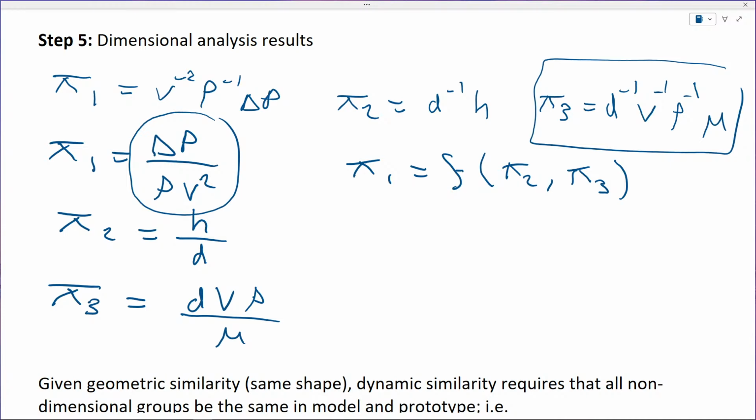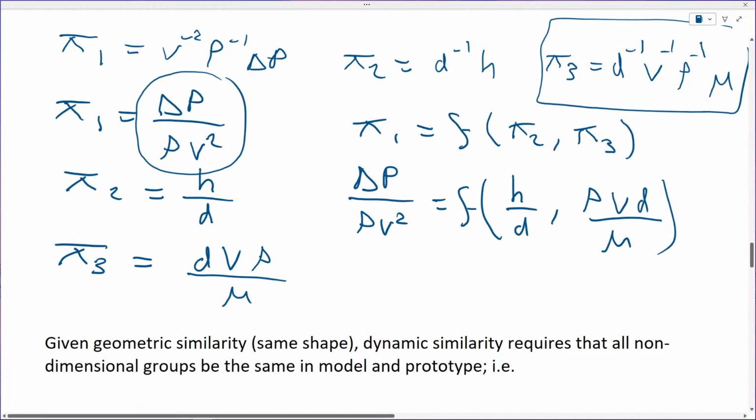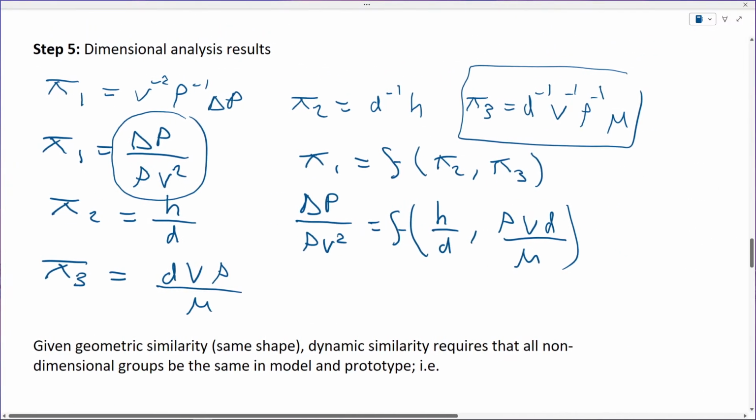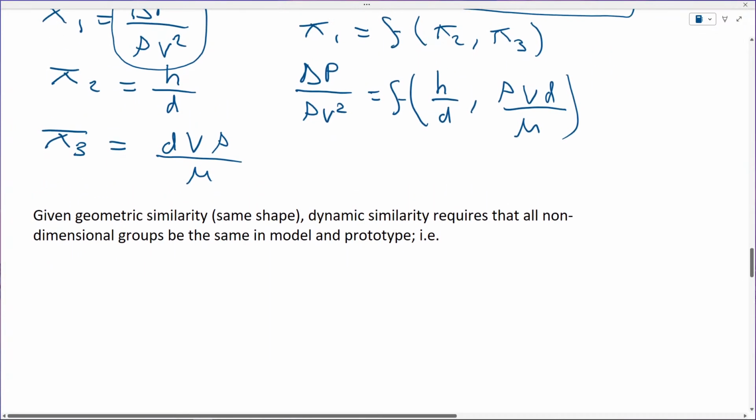So can I just say delta P, the drop in pressure, over rho V square is a function of H over D and rho V D over mu? So basically, this is the result of this analysis. We have something that looks like this.